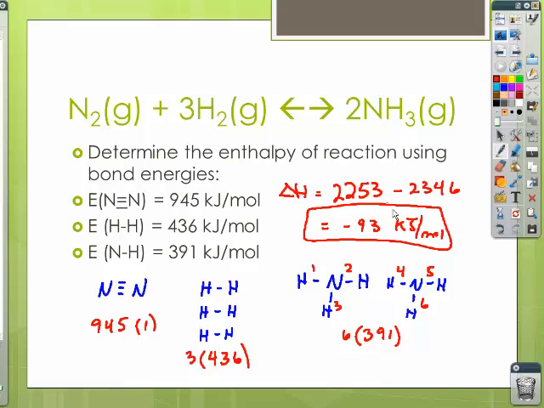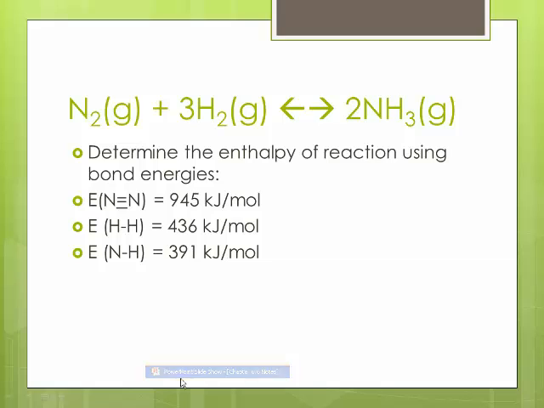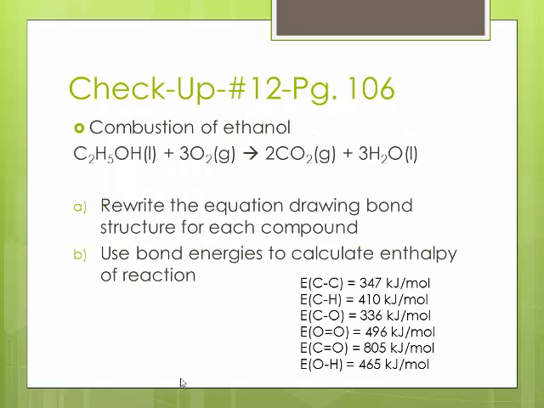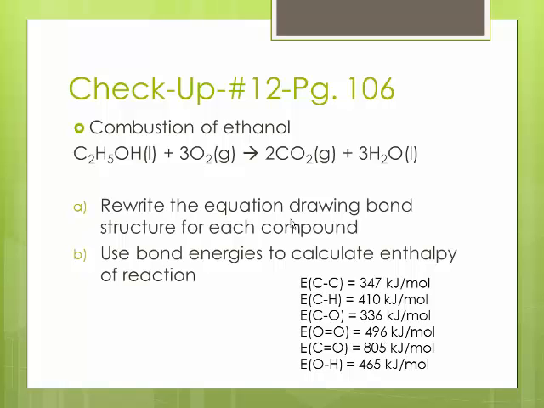Okay? Alright. Next example is the combustion of ethanol, making CO2 and water. So you always want to rewrite the equation.